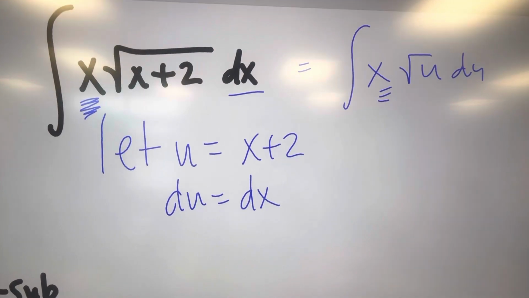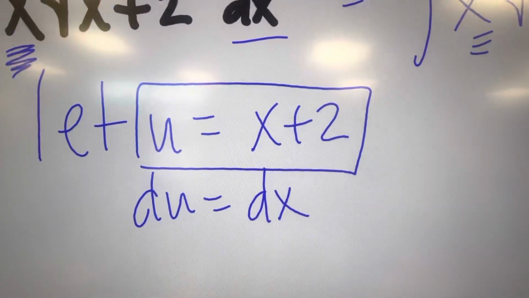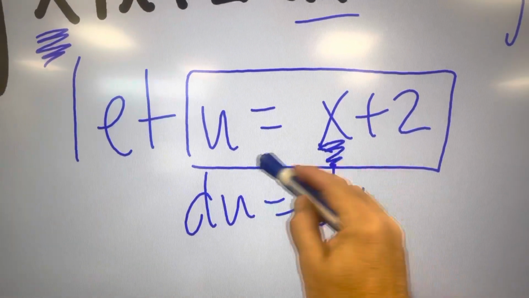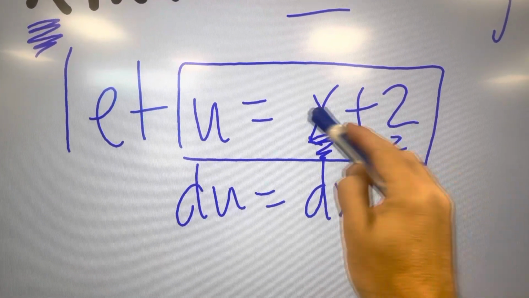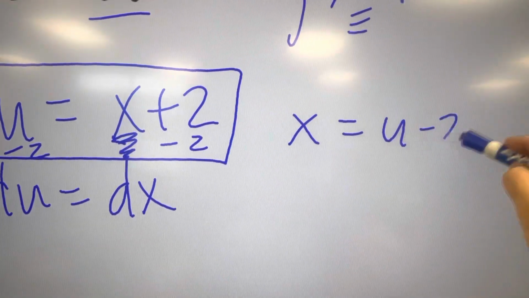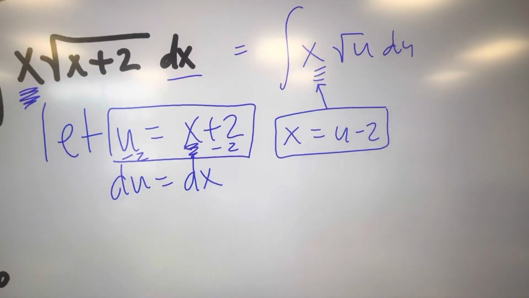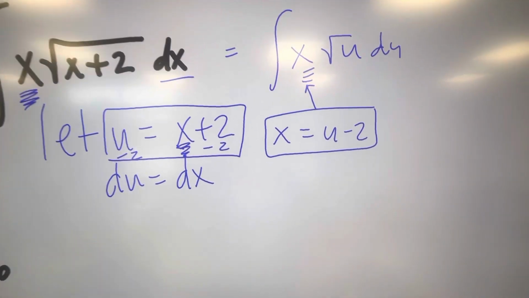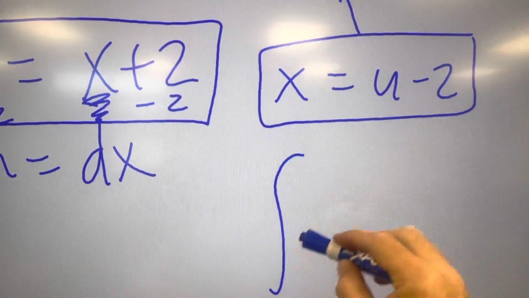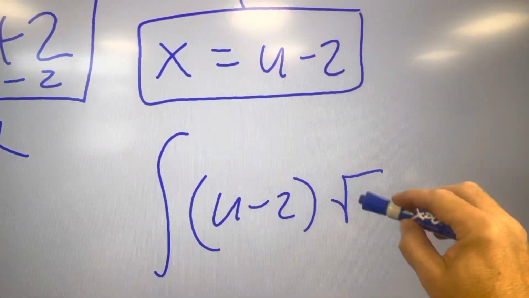We're going to have to back U substitution it. Look at how this is the x and this is the u. Well, let's subtract 2 on both sides and get x equals u minus 2 and plug that into the x that was left over. So now our new integral is u minus 2 and then root u.